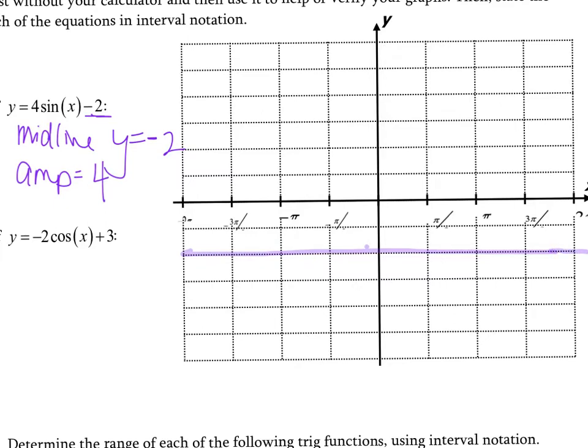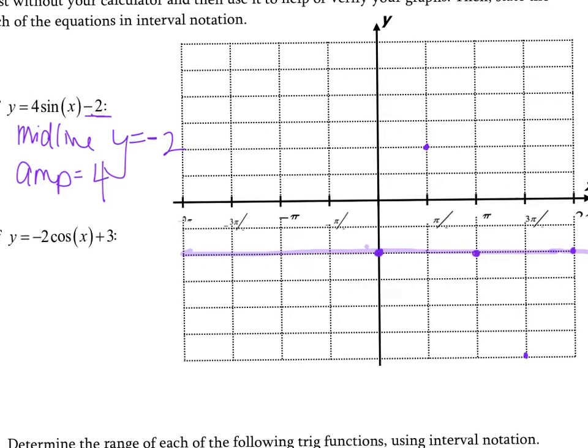All right, so on a sine curve, we always start in the middle. Then we're going to go up 4 at our next little tick mark, the pi over 2. So we're going to go up to 4. So 1, 2, 3, 4. Come back down to the midline. And now at 3 pi over 2, we're going to go 4 below the midline and come back up to the midline.